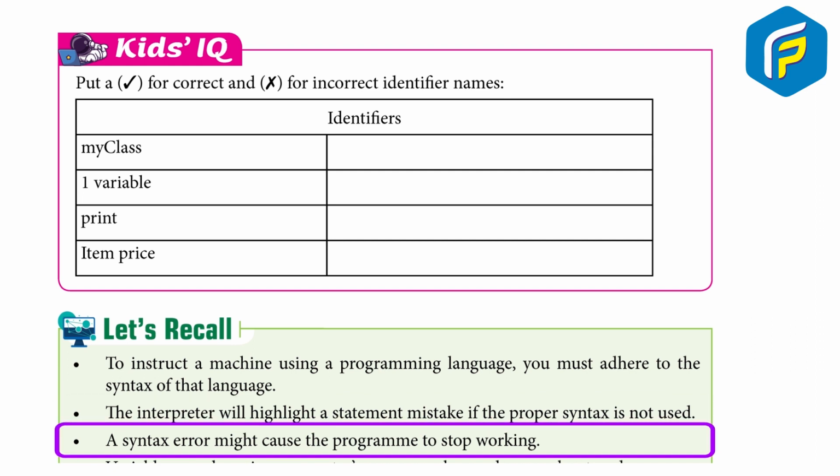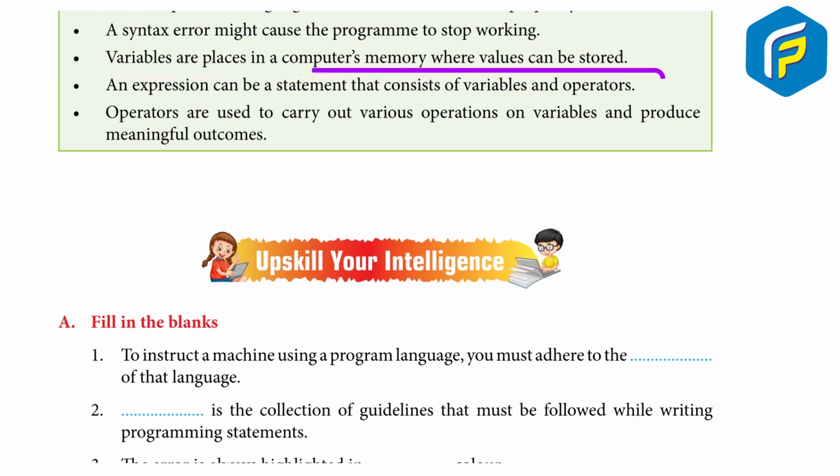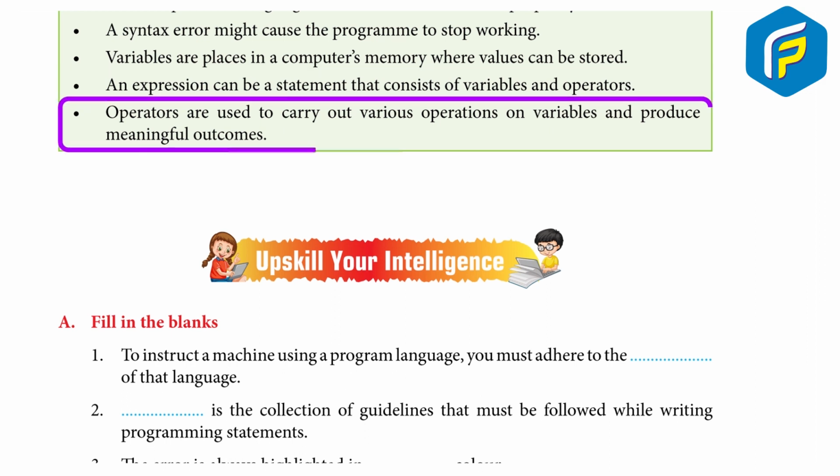A syntax error might cause the program to stop working. Variables are places in a computer's memory where values can be stored. An expression can be a statement that consists of variables and operators. Operators are used to carry out various operations on variables and produce meaningful outcomes.